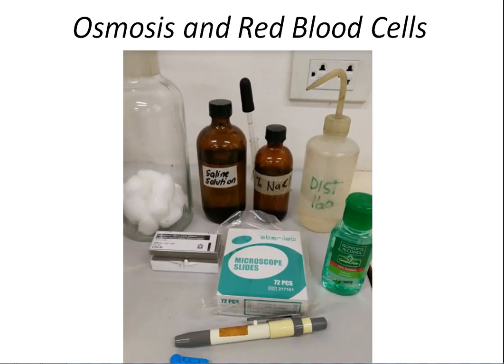Now, when you are going to prick someone, make sure that your hands are clean. Wash them, disinfect. And then we will prepare a sterile lancet. So here we have a lancet pen, and here we have our disposable lancet.